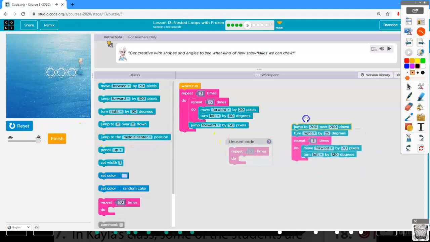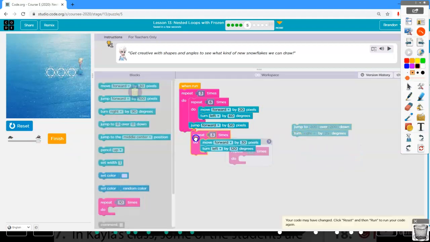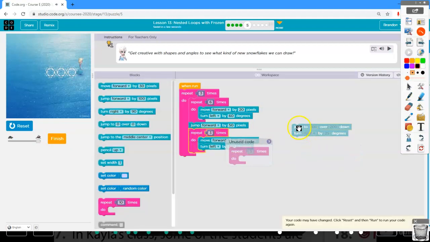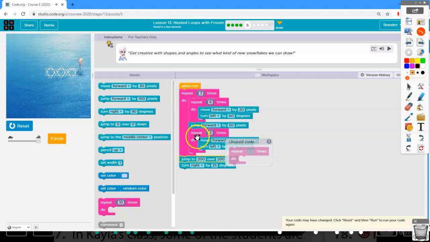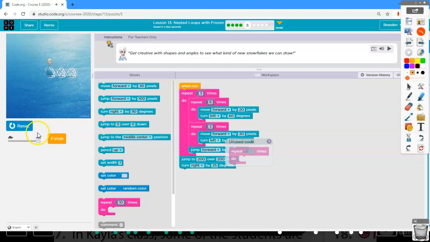And now we're going to take our code right here. And we're also going to have that do what? We're also going to have it, oops, repeat 3 times. Oh, look.